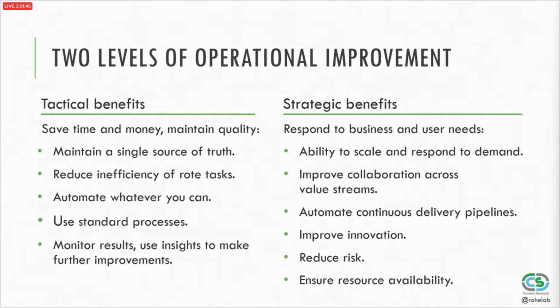You're going to have enough resource availability that you can always absorb a bit more work instead of being at maximum capacity and having everything break down. You are automating this continuous delivery pipeline and so on. Those are the things we think about when we're thinking about content ops or operational improvement.